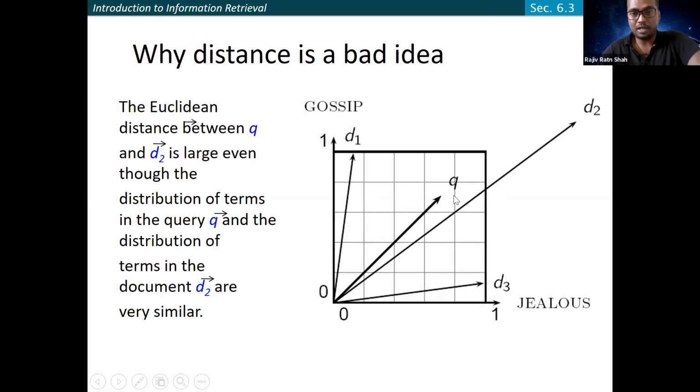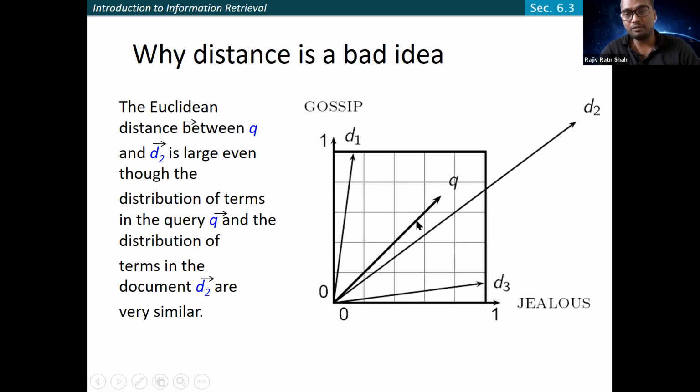One of the simpler examples I can think of: how about you just put this document d2 on top of this q? I mean they have exactly the same set of terms, but the document, since it's a longer text, has the same terms that appeared in query q appearing many times.